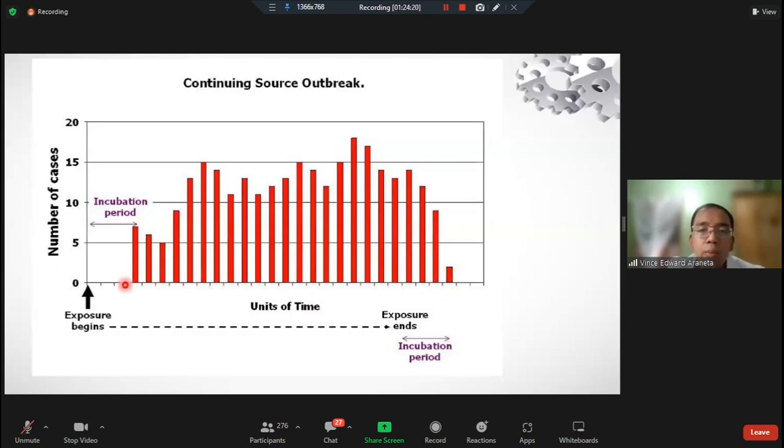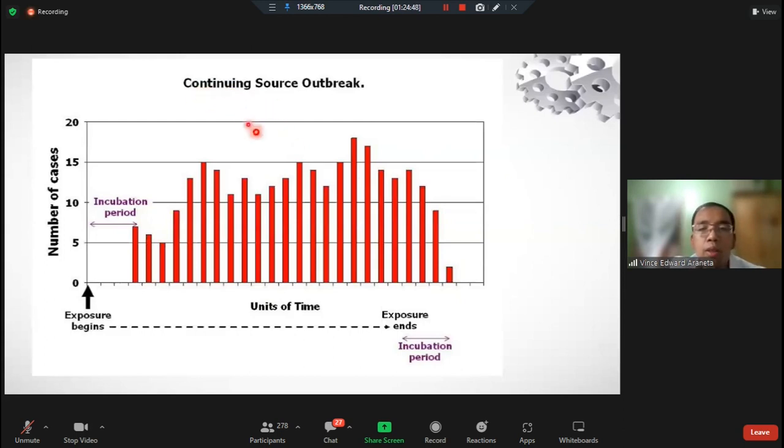For example, a contaminated water supply that doesn't get fixed, causing diarrhea. There might be seepage of bacteria into the water supply. So there's continued exposure of the residents, and then there would be a continued rise and fall of the cases. That's why it's named continuing source.